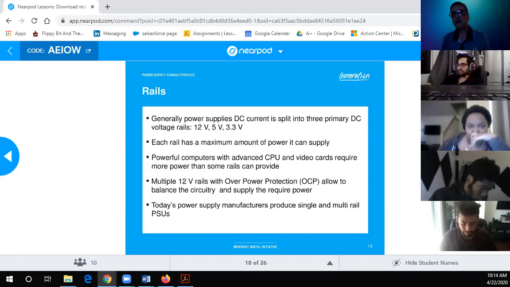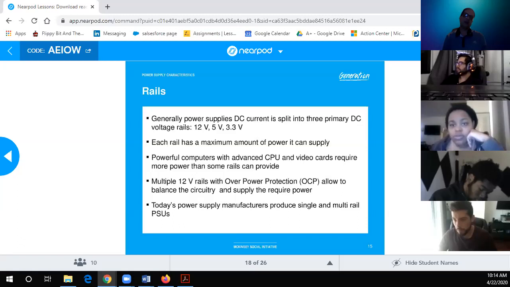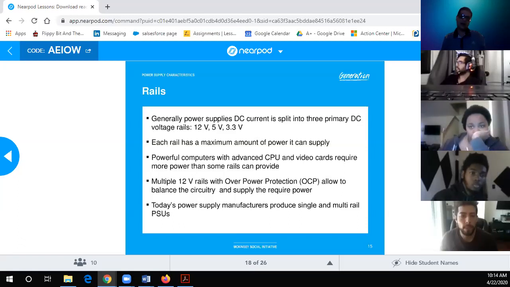So multiple 12V rails with overpower protection allow the balance, the circuitry, and the supply of the power that is required. Most of the PSUs nowadays are single or multi-rail depending on the amount and the type of computer you have. Obviously, the multi ones are for the servers or gaming PCs, and a regular small normal PC that doesn't require that much will be just 1 rail.